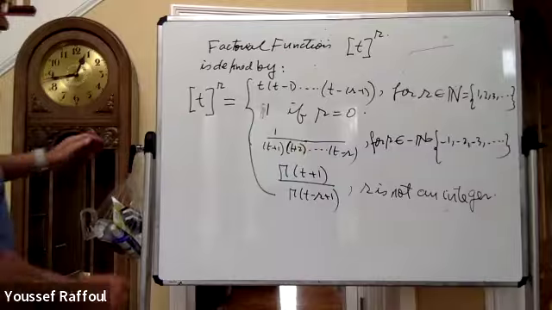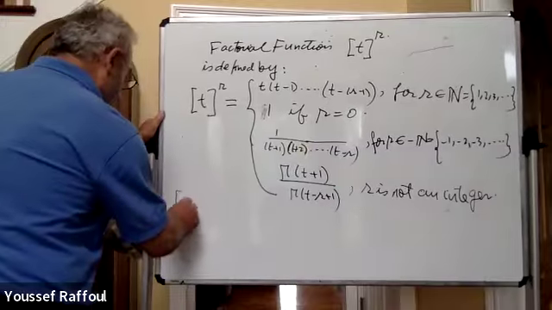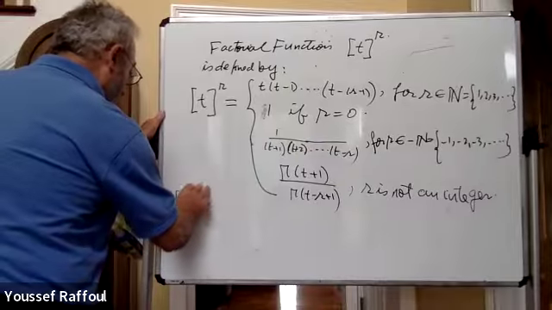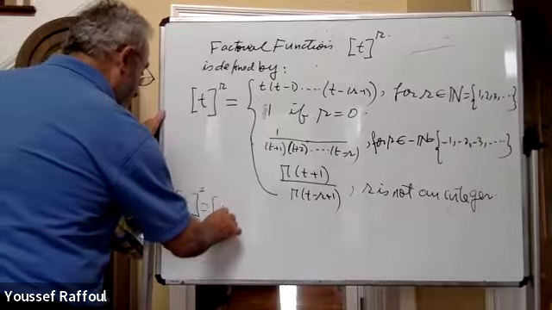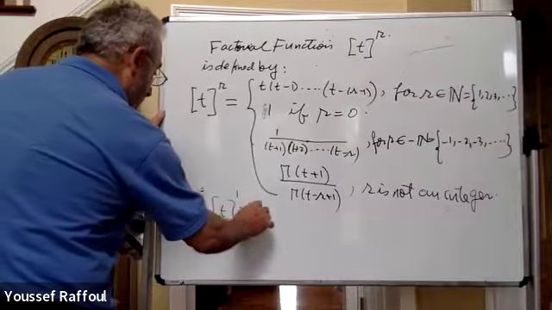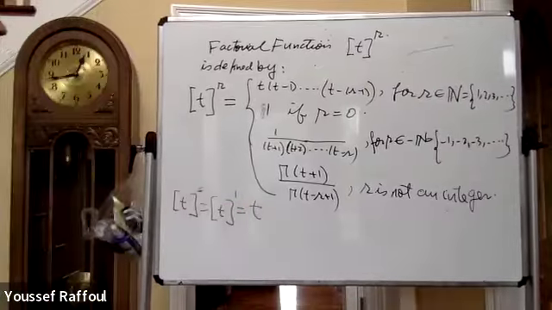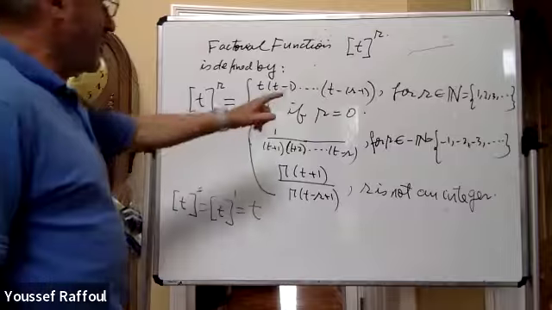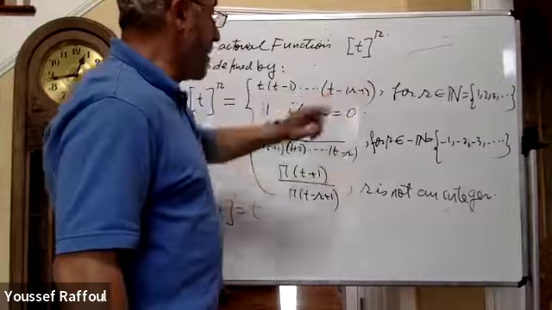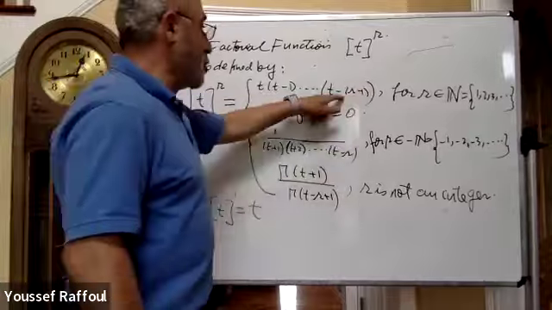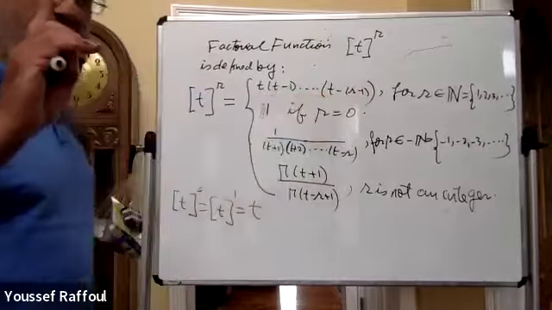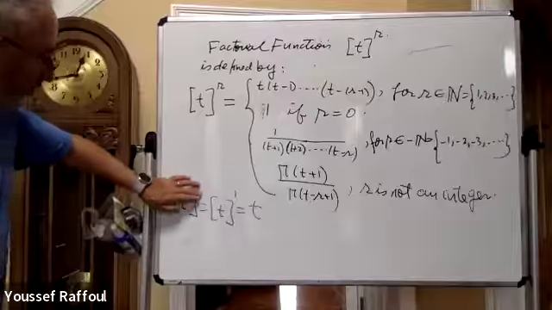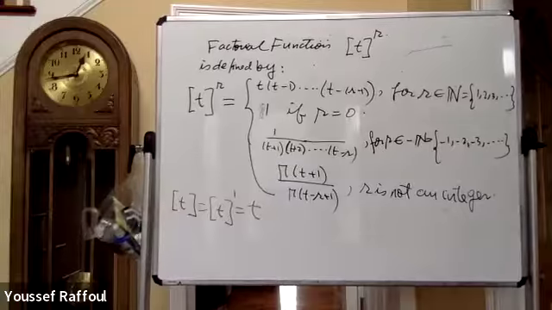Okay, so for example, t to power 1 is t. Because if you put t minus r plus 1, you will get 0. So you better stop here. So you have one term. So you see what I mean?